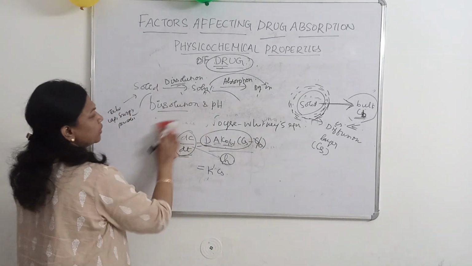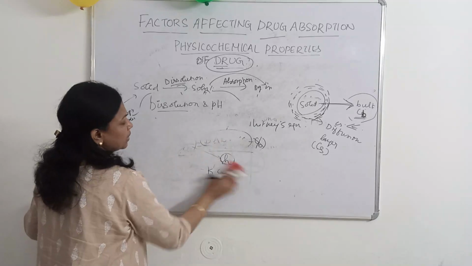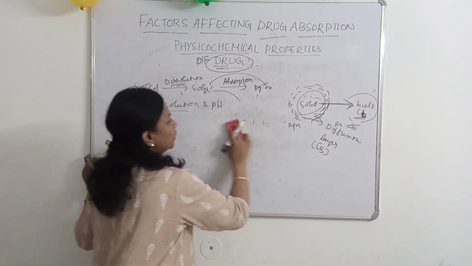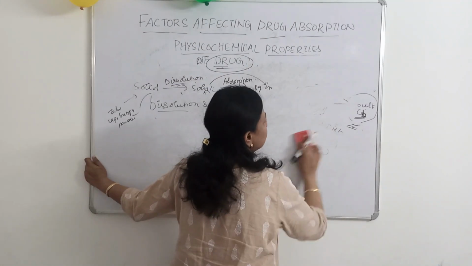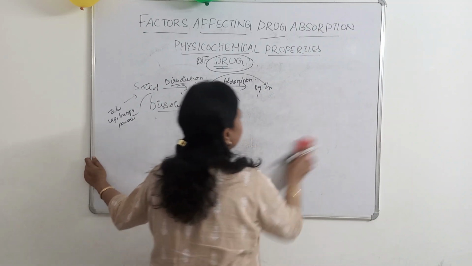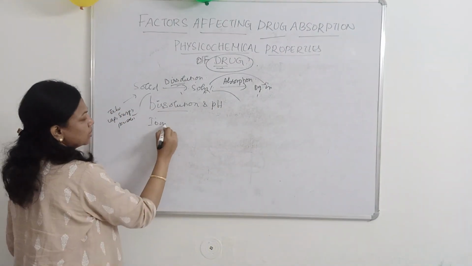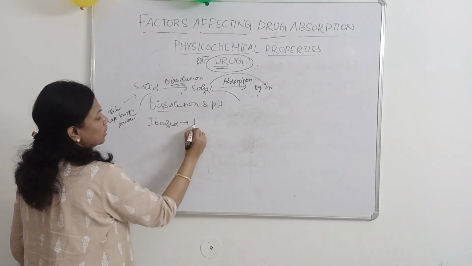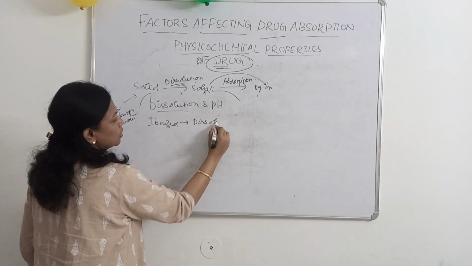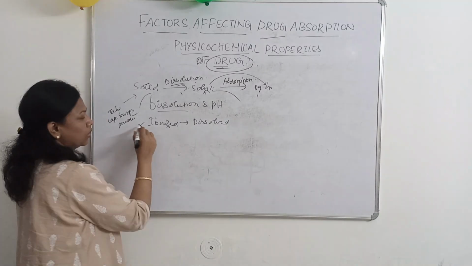Now what we are discussing is dissolution and pH. How the role of pH affects the dissolution of drug. We know already the drug which is ionized gets dissolved more. So where will the ionization be more?